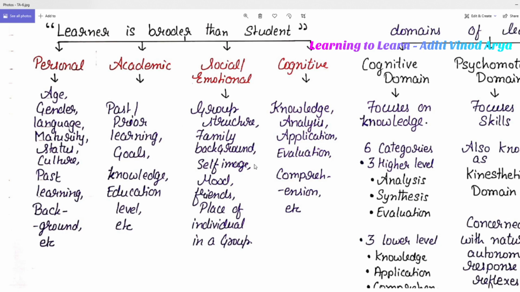Let's go to the next one, that is academic. Academic is related to how much the student has already learned so far, how much the student has understood so far in his or her curriculum.